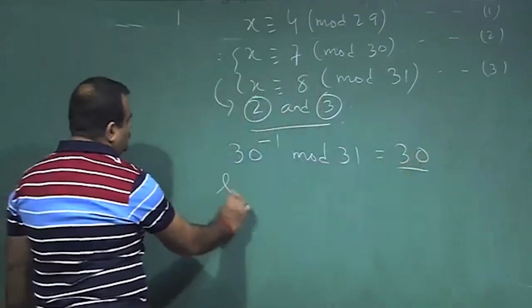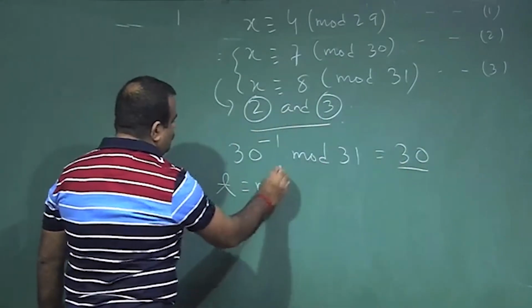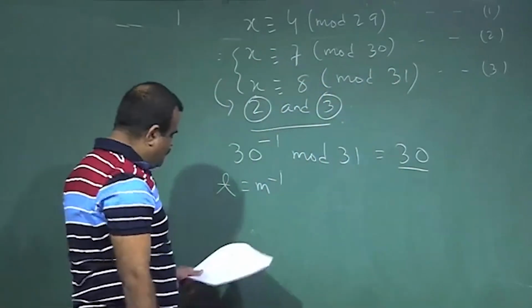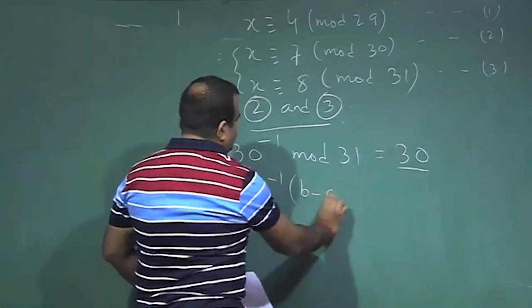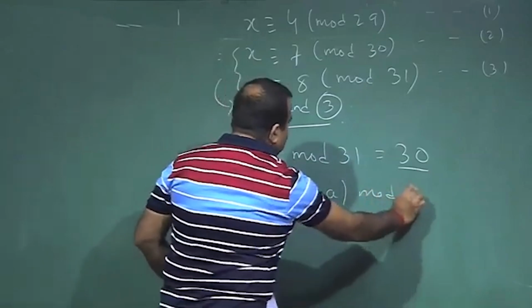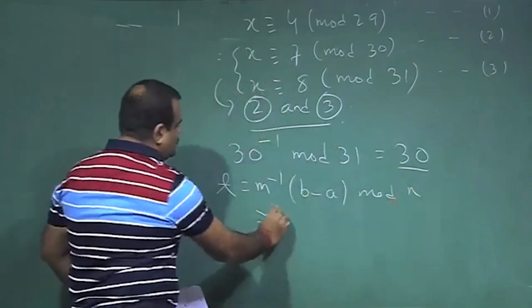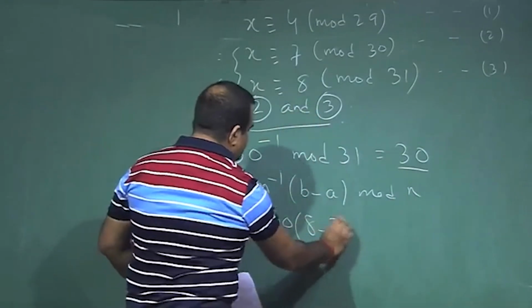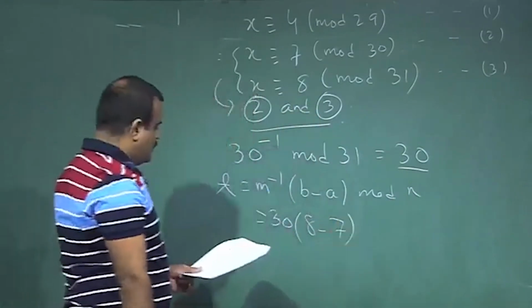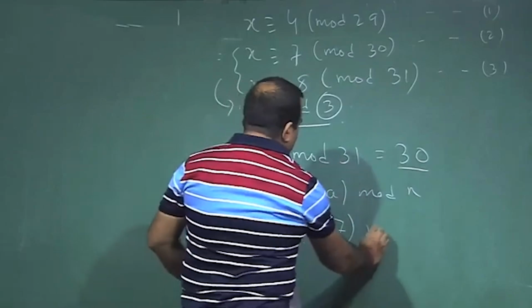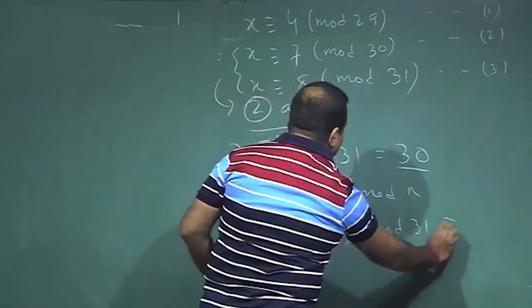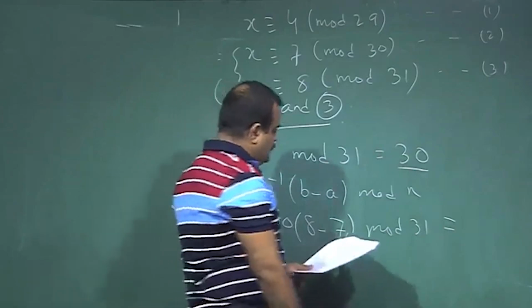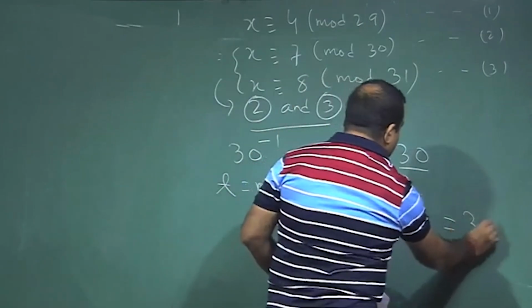Now t is, if you remember that form, m inverse times (b minus a) mod n. So if you put in the values, m inverse is 30, b is 8, so 8 minus 7, mod n, basically mod 31. This will give us again 30.